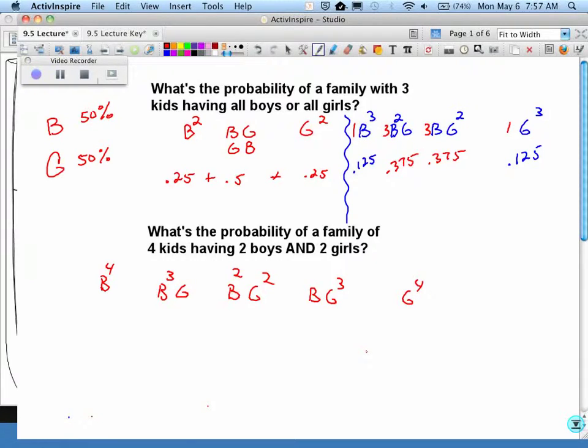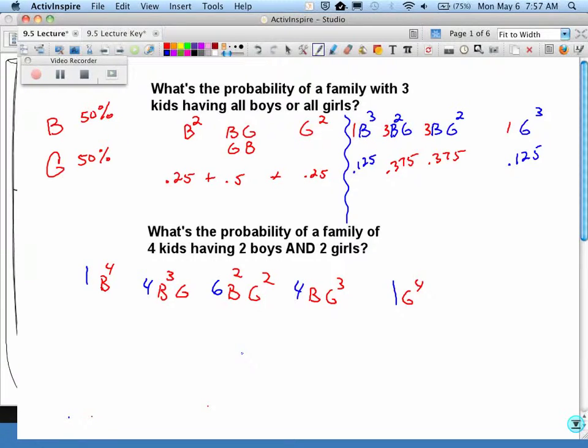Does anybody know the hidden numbers? Anybody work with Pascal's triangle? There'll be a 1 there and a 1 there, then 4, 6, 4. So what's the probability?